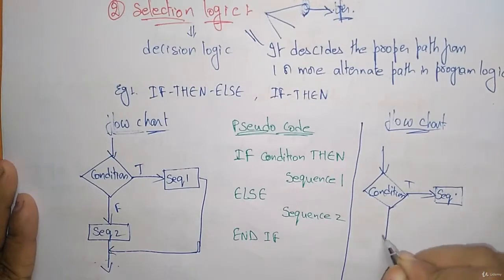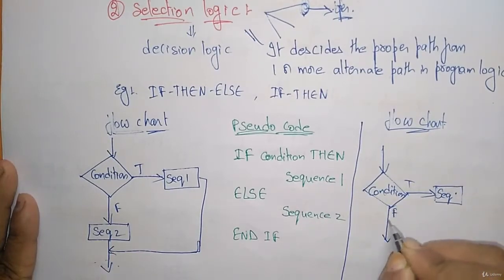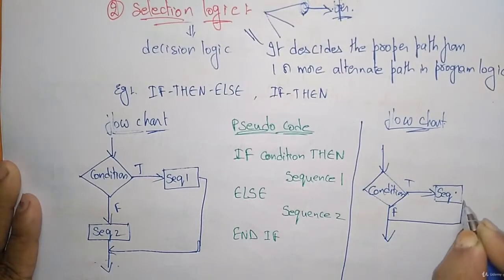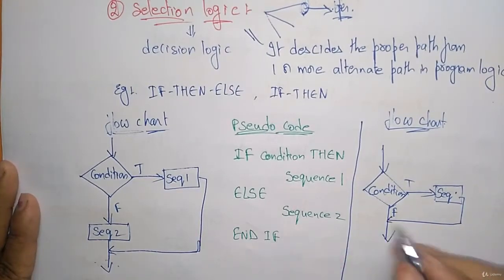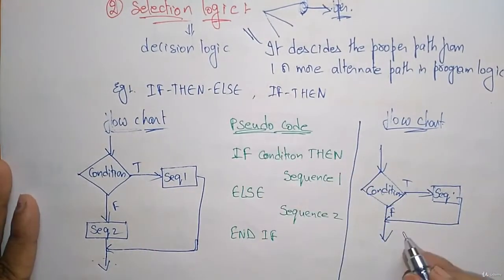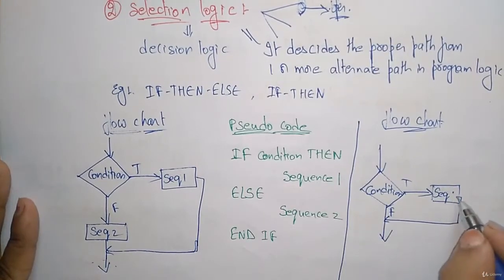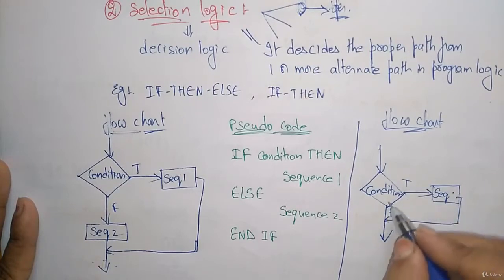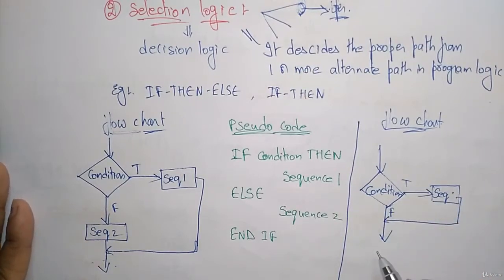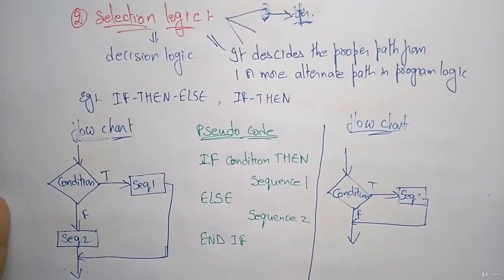If the condition is false, it quits the program. It's not selecting another sequence. It is not if then else, it is only if then. So if the condition is true, it takes the sequence and comes to the output. If the condition is not true, it proceeds with the next step. So this is the if then flowchart.